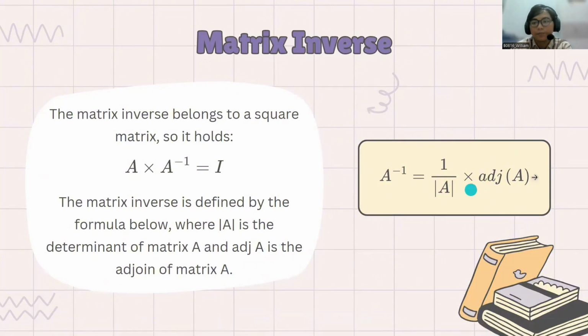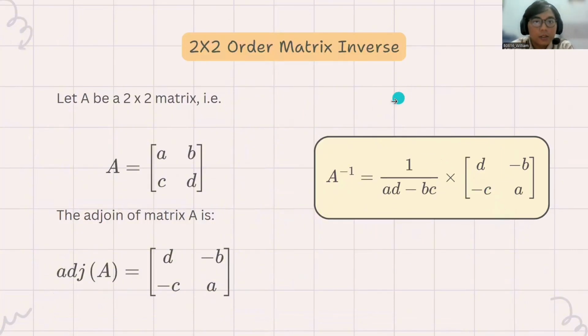This is the 2 multiplied by 2 order matrix inverse. Let A be a 2 multiplied by 2 matrix.